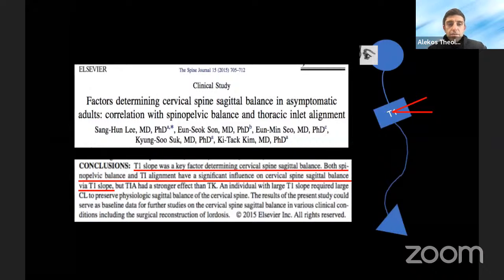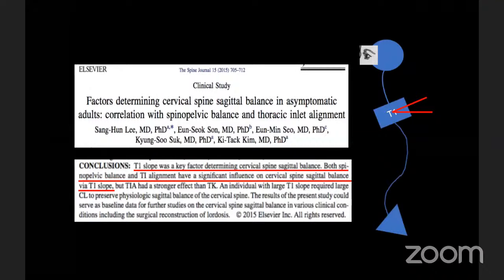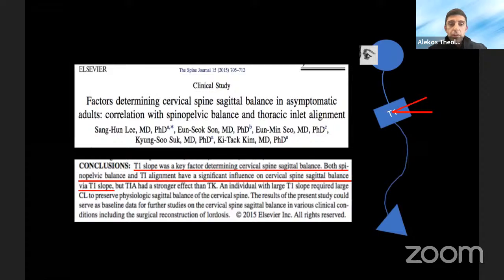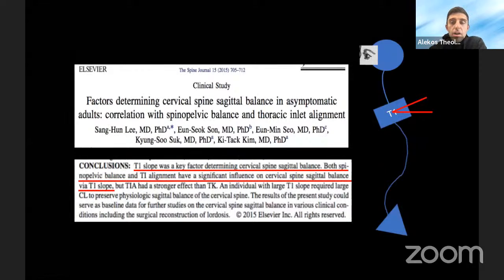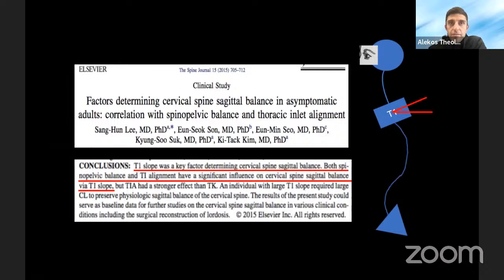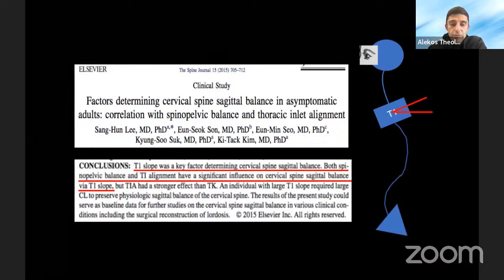Lee et al. in 2015 put out a nice article that really demonstrated that T1 slope was a key factor determining the cervical spine sagittal balance. And so I wanted to walk through, I think this is the crux of this talk, and it's really defining radiographically the differences between a subaxial based pathology, a thoracolumbar based pathology resulting in cervicothoracic kyphosis or deformity, and a combined deformity.